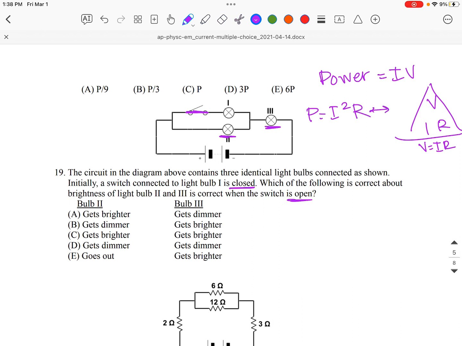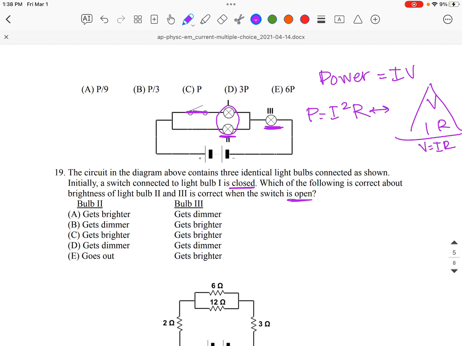This R stays constant, and so when I go from closed to open, I need to figure out how the current is going to change. So let's focus on bulb 3 for now. If I start with a closed circuit, originally my other two resistors are in parallel.